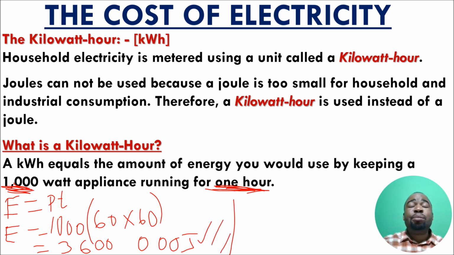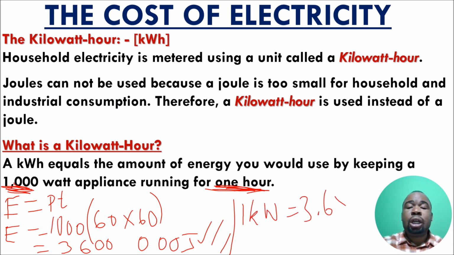Honestly, this is a very, very big number. So instead of using a joule, we are going to use a kilowatt hour, because 1 kilowatt hour is equal to 3.6 times 10 to the power 6 joules.